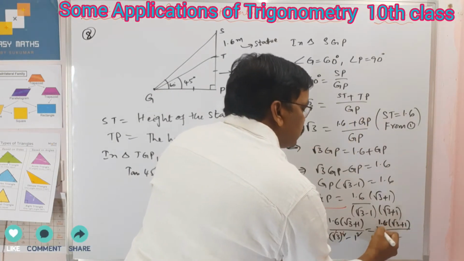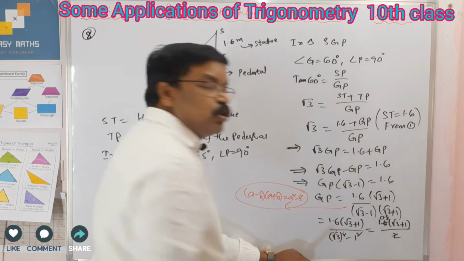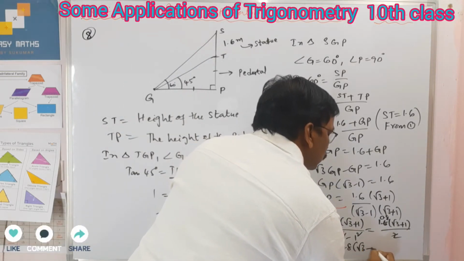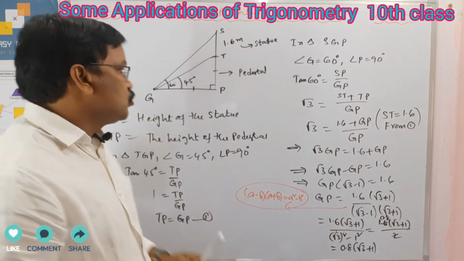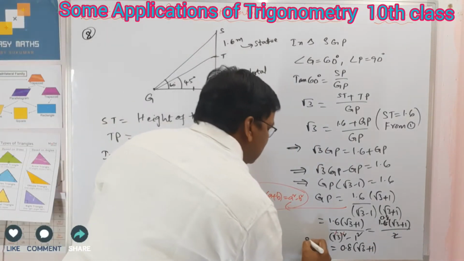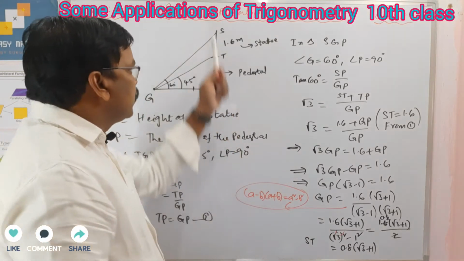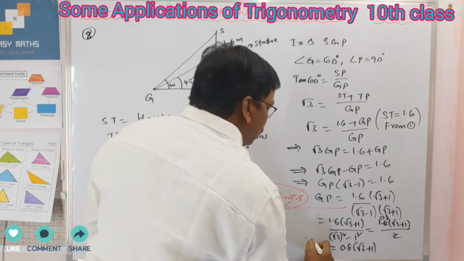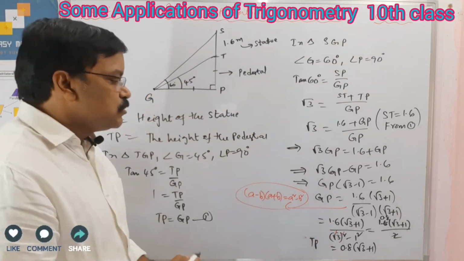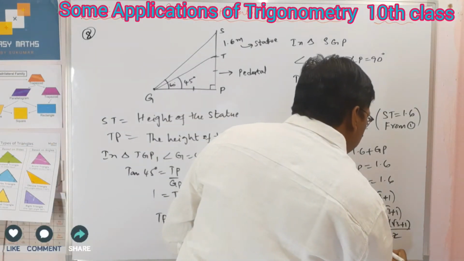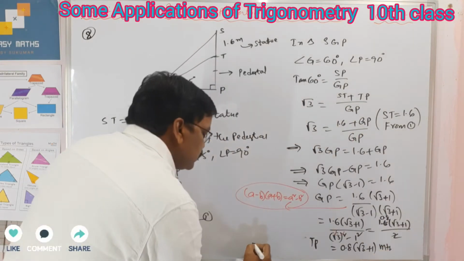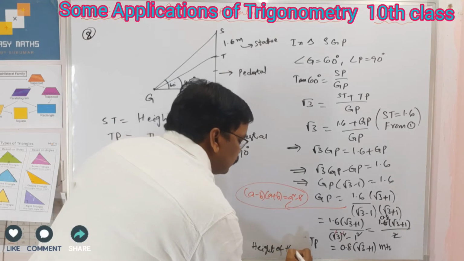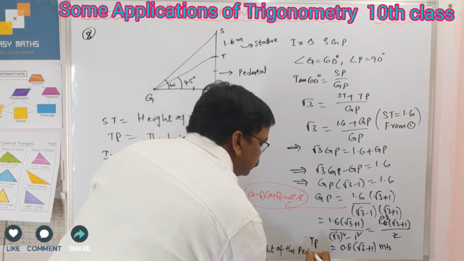Half of 1.6 is 0.8, so this is equal to 0.8 times root 3 plus 1. So, my dear students, TP, the height of the pedestal, is 0.8 times root 3 plus 1 meters. This is the height of the pedestal.